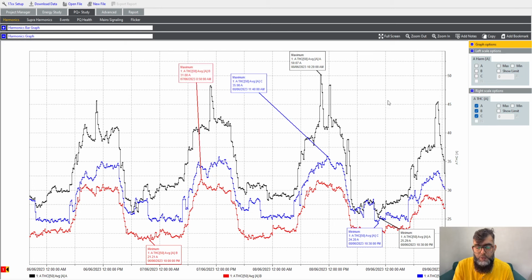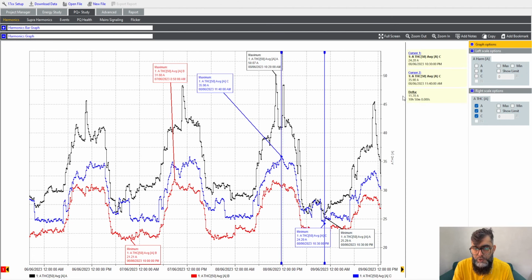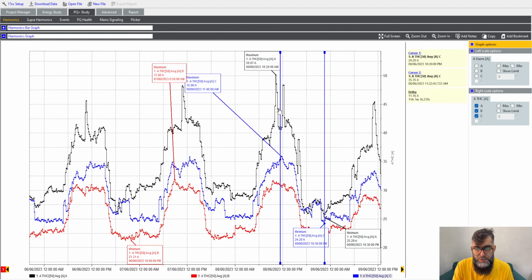What we see is our harmonic current. If I move this cursor and select red phase, our red phase is indicated by the black line that we see over here. And if I move the cursor, I can see the values in this particular window, cursor 2.